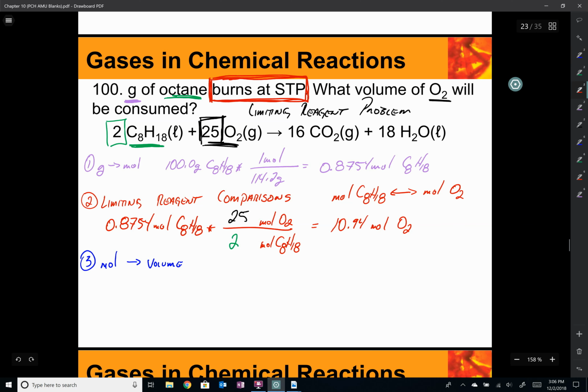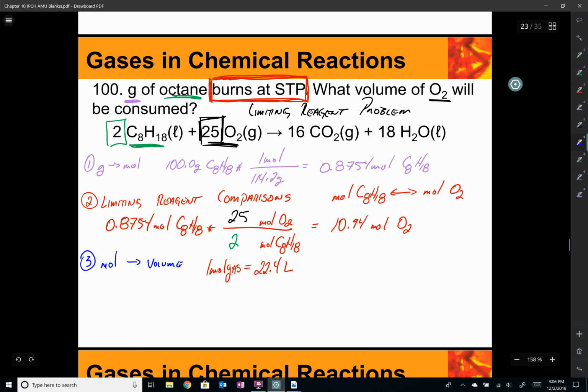At standard temperature and pressure, 1 mole of gas is equal to 22.4 liters.